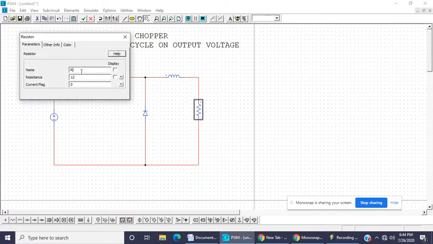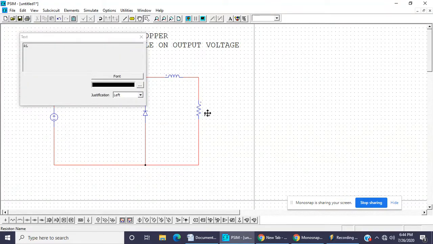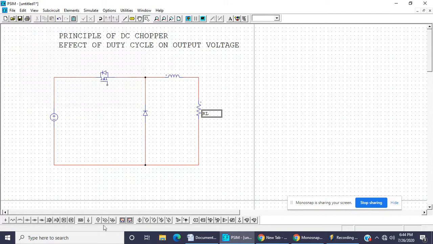This one is RL. Place 2 voltmeter, one across the supply and one across the load.